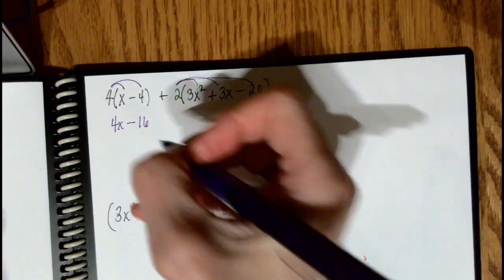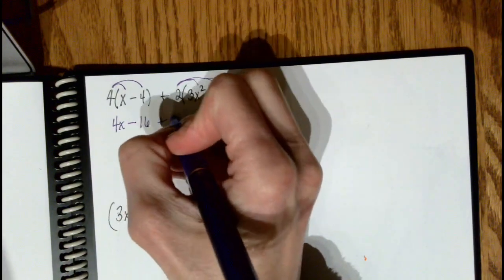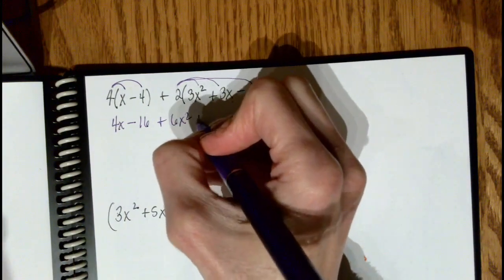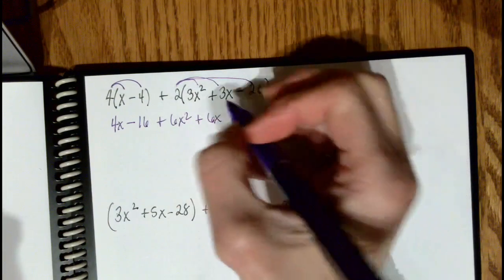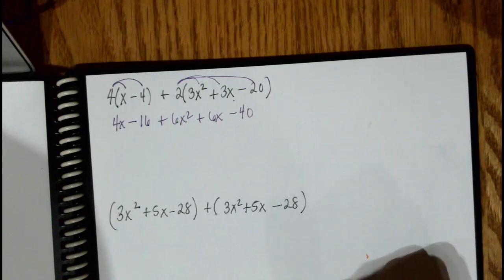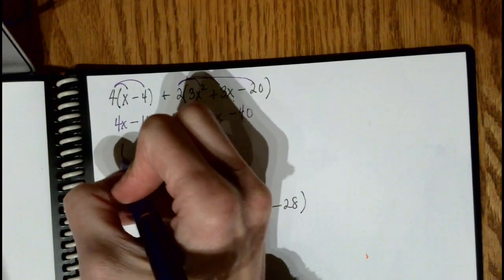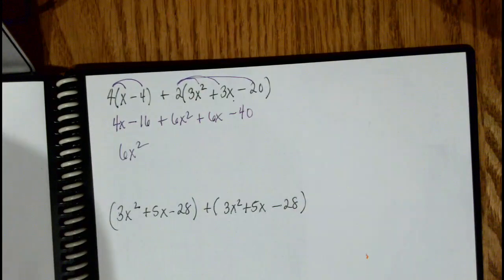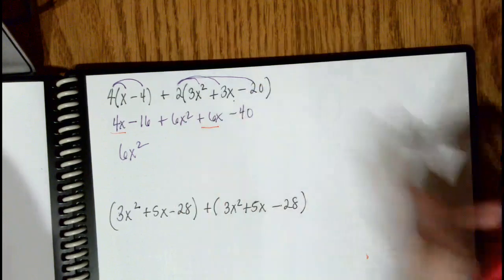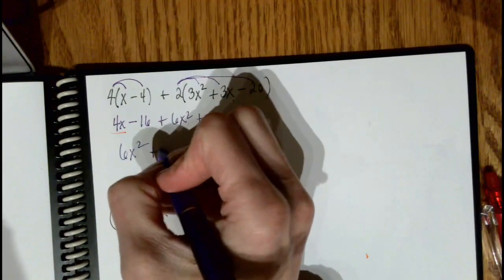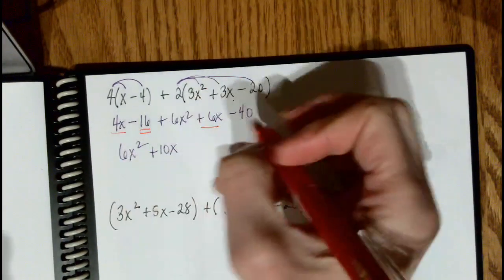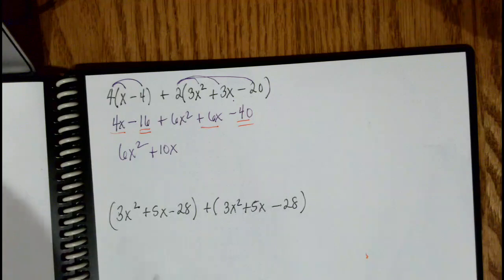The difference from before is that there's a plus here, so it's going to be plus 6x squared. 2 times 3x is plus 6x. 2 times negative 20 is negative 40. And when we combine like terms, we start with the 6x squared. It doesn't have anything like it, but we do have 4x plus 6x, which is 10x, and negative 16 minus 40 gives us negative 56.